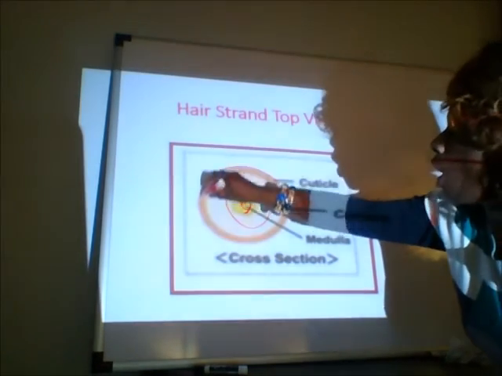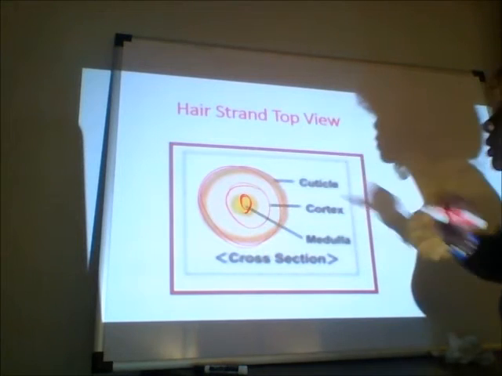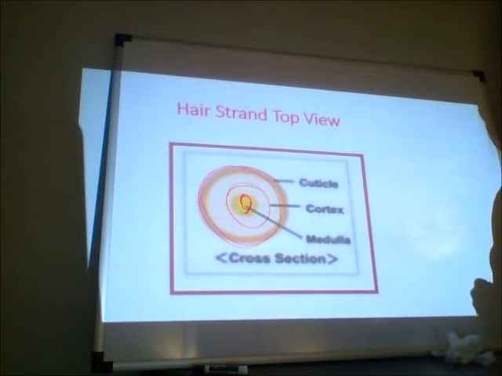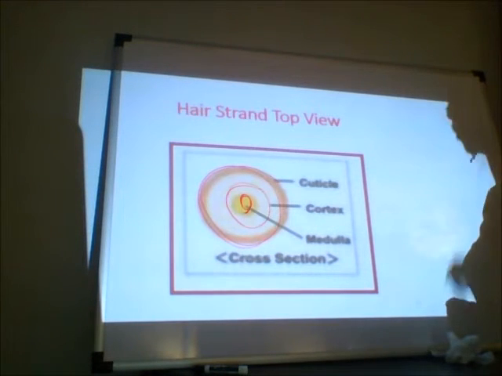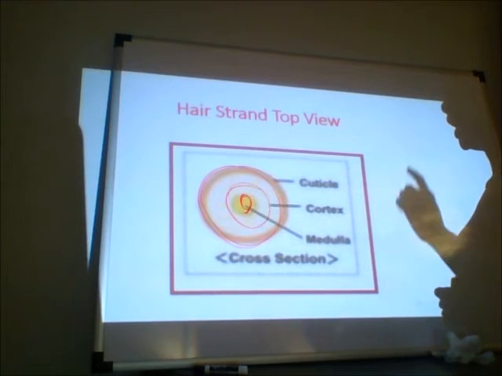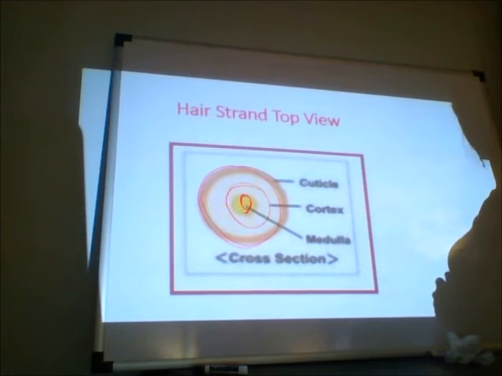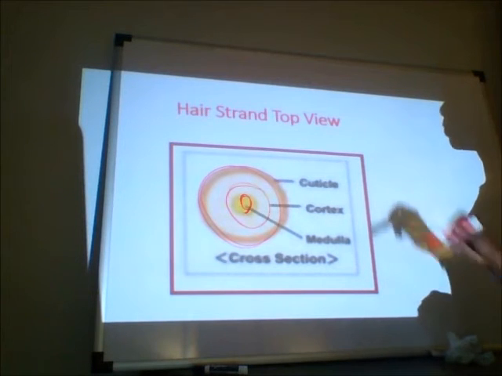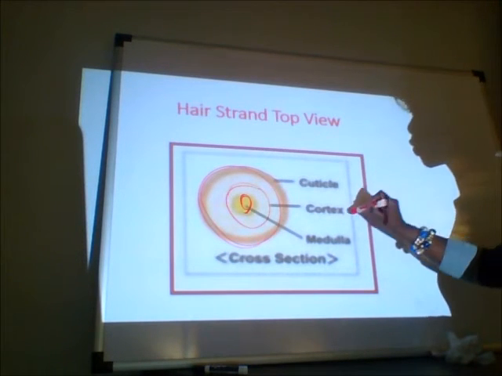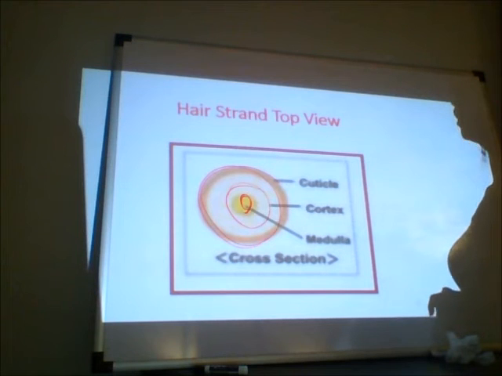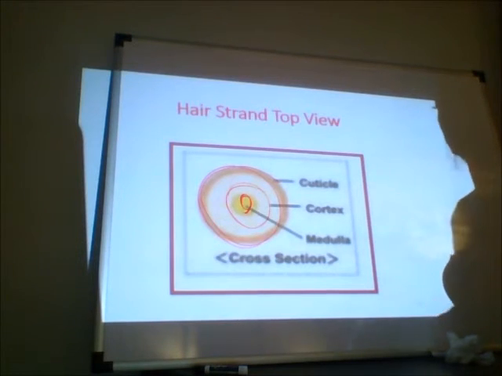And our outermost layer is called our what, class? Cuticle. Correct. It is called our cuticle. And it has what, class? Scales. Yes. And it does what? Protect the who? Cortex. Now, class, does everyone have a medulla? No. Correct.